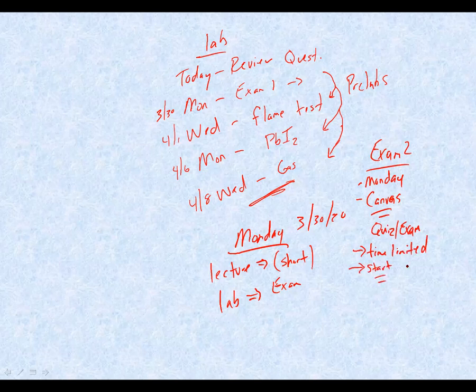Once you start it, the timer cannot be paused or anything like that. So before you start, make sure you are completely prepared to take the exam. Make sure you have your calculator. You're going to need some paper, because you will need to upload, much like your lab assignments, a file that shows your work.